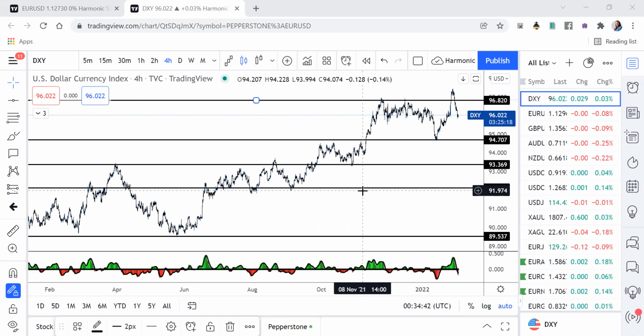Given that I have mentioned mountaintops and valleys with the MACD, an uptrend is higher mountaintops and higher valleys, right? So the mountaintops, as we continue to go up, will get higher, and the valleys will also get higher. That is an uptrend. Okay, so we are in an uptrend here, and you can see it clearly on the 4-hour time frame.